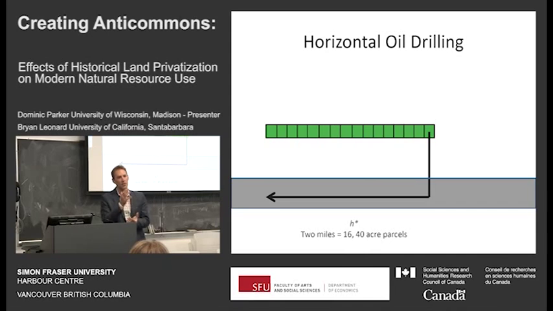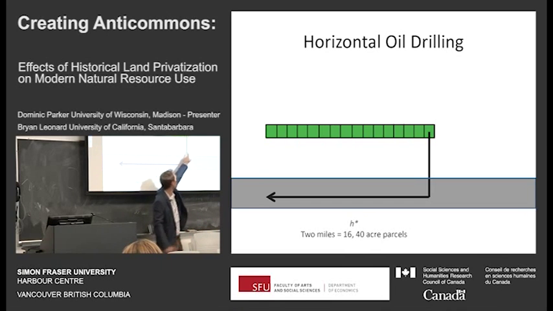Okay, so we're looking at how this subdivision of land and the different tenure systems has affected the uptake of oil and gas drilling in different parts of the reservation. And as I pointed out earlier, horizontal drilling, this kind of fracking that's taking place, has a large fixed cost to drill a vertical portion of the well.